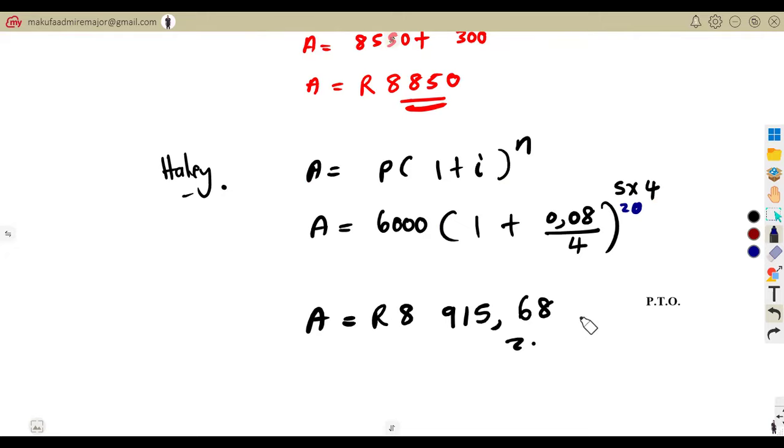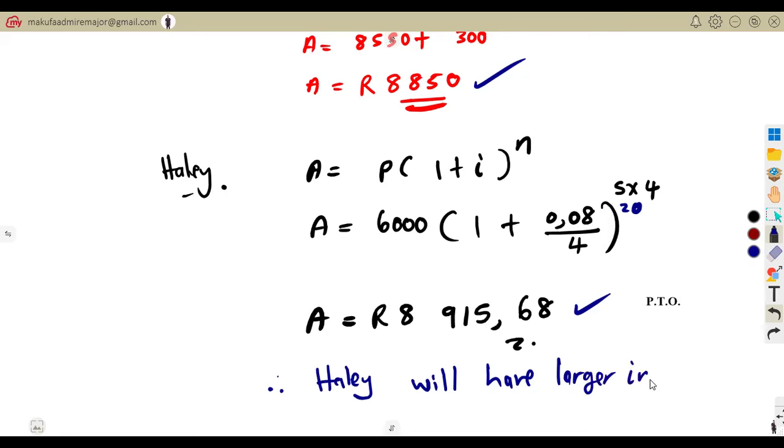So comparing these two, we can see that 8,915 is bigger than 8,850. So therefore, meaning to say that the guy called Hell is going to have a larger investment at the end, compared to the other one after 5 years.